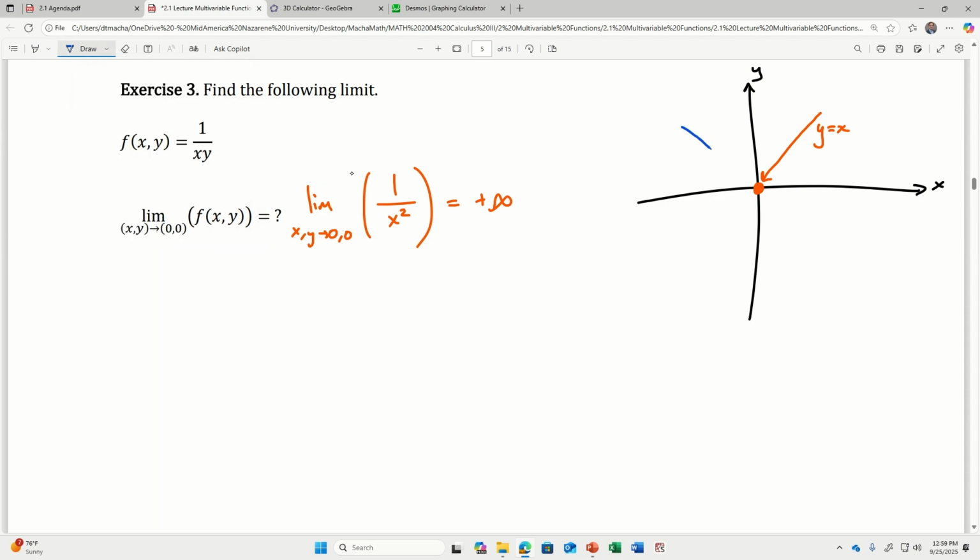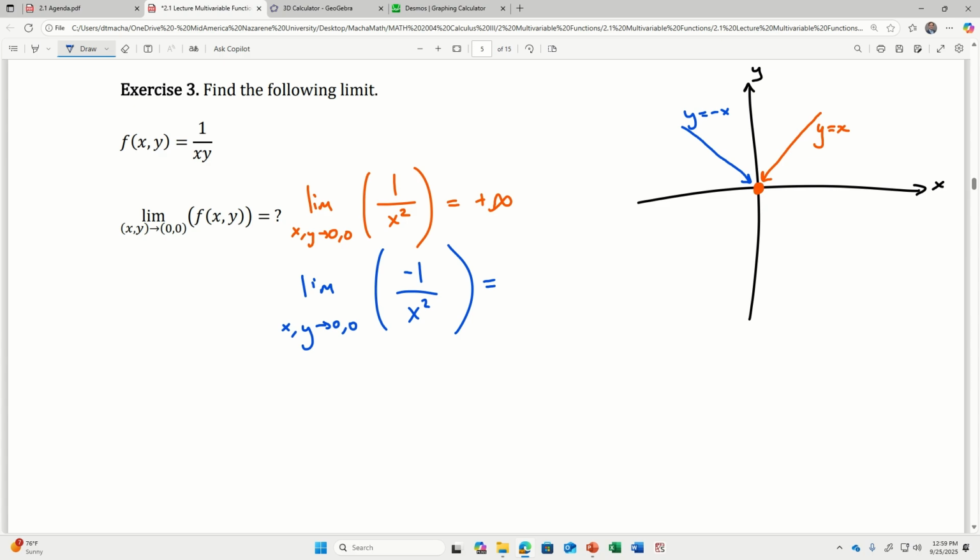Let me try a new direction. On this blue line, y is equal to negative x. And so if I were to take the limit as I approach 0, 0 from that direction, this would be taking the limit as x approaches 0 of negative 1 over x squared.